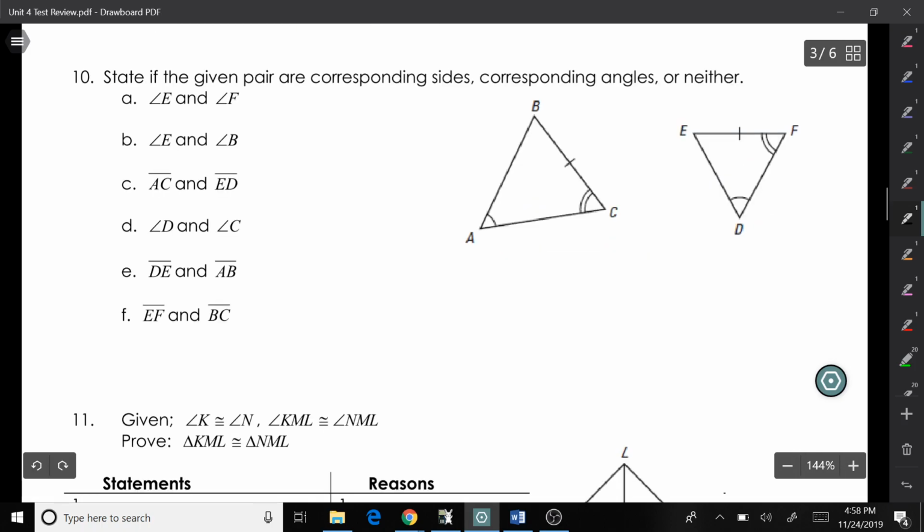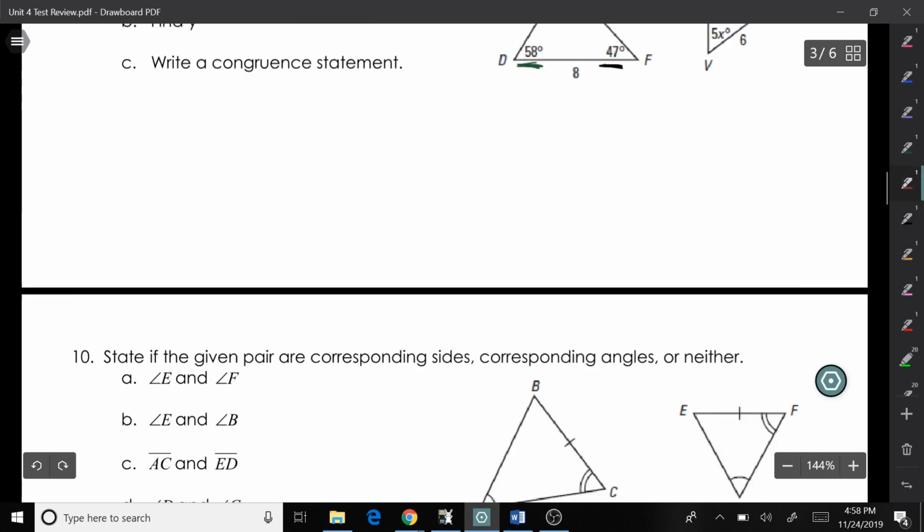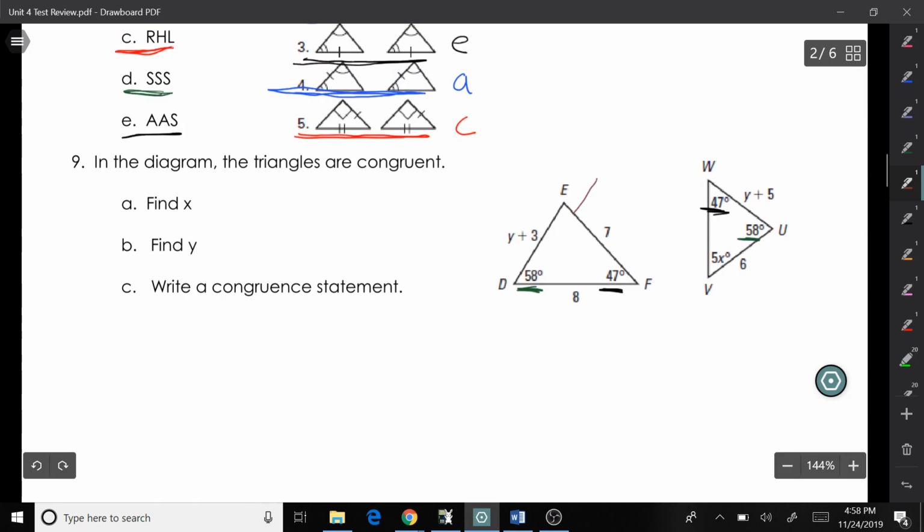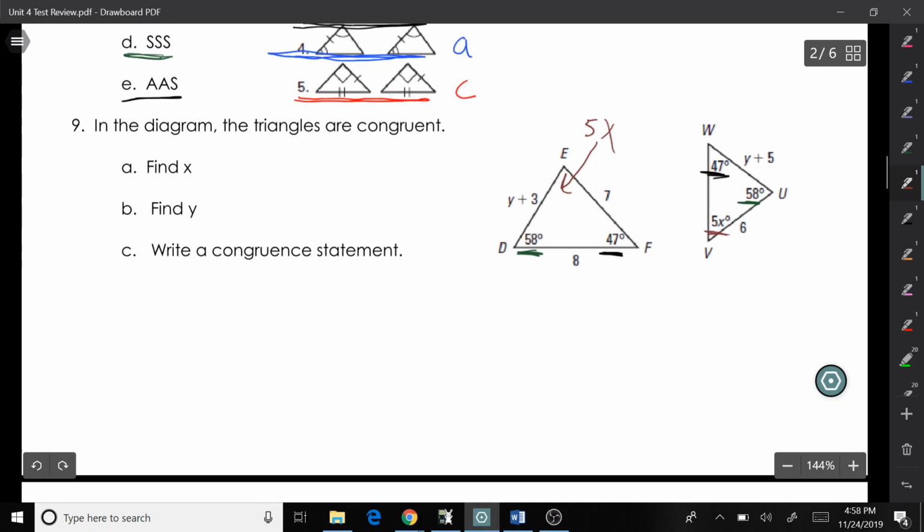So that means this angle up here is 5x. All right. So all 3 of these need to add up to 180. So we're going to say 58 plus 47 plus 5x equals 180.